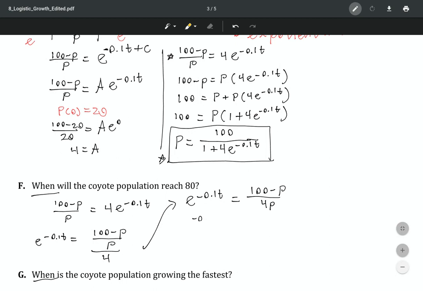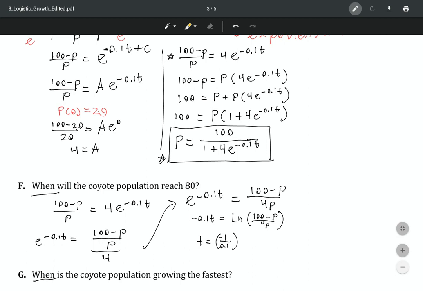I'm going to use the natural log on both sides now. And then I'm going to divide both sides by negative 0.1, which I can really write as negative 1 over 0.1.